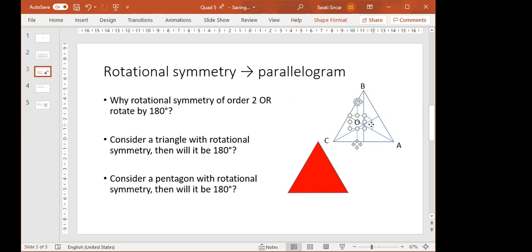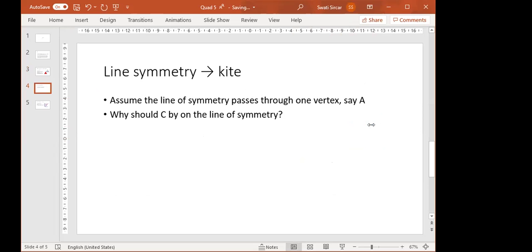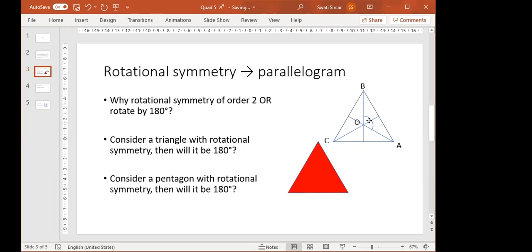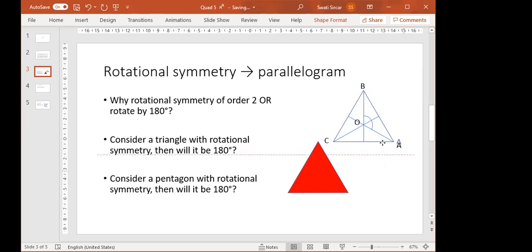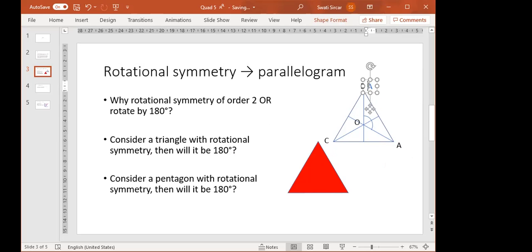Now you can see, if you rotate it by 120 degrees, then A will go to B. Let me change the color so that it becomes very clear what we are talking about. Let's also call this A dash.